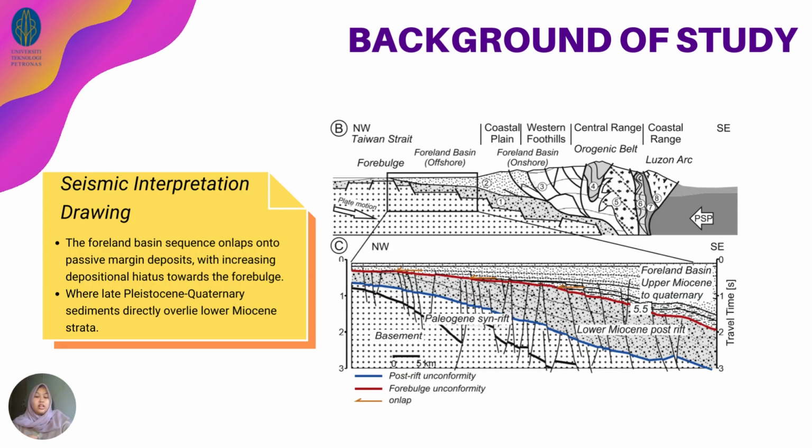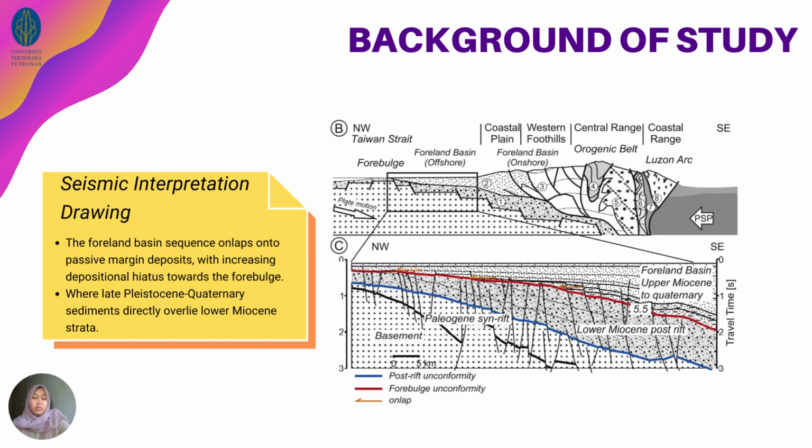Okay, next, below in the C image is the seismic interpretation drawing. This seismic interpretation drawing is modified by Yuan Chow according to the paper review. So the foreland basin sequence onlaps onto passive margin deposits and will increase the depositional hiatus towards the fault plunge.